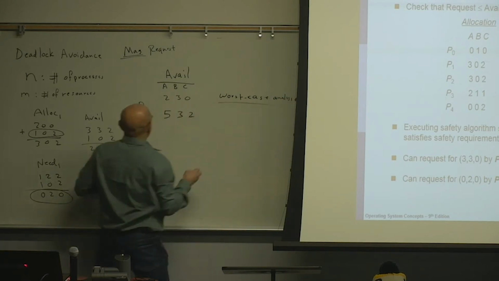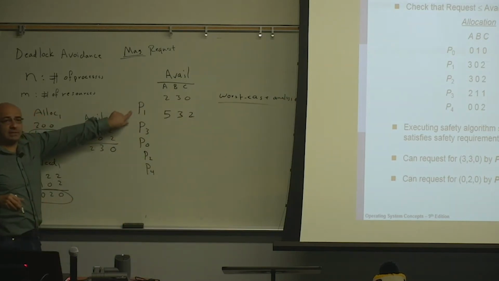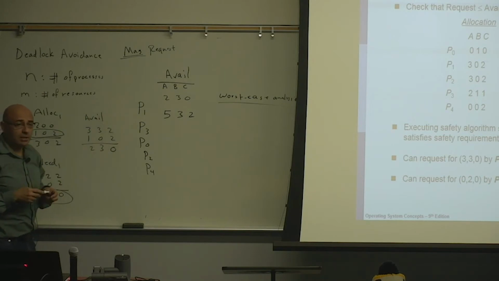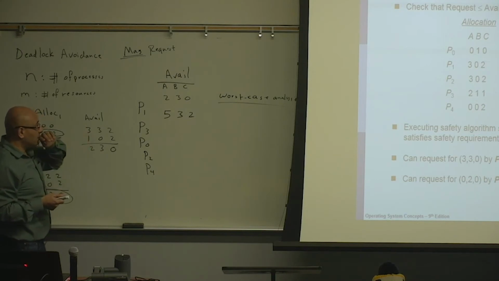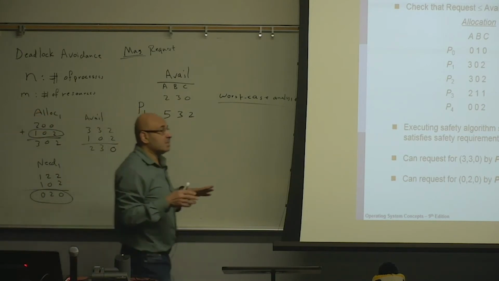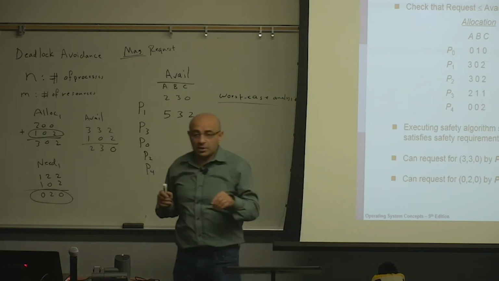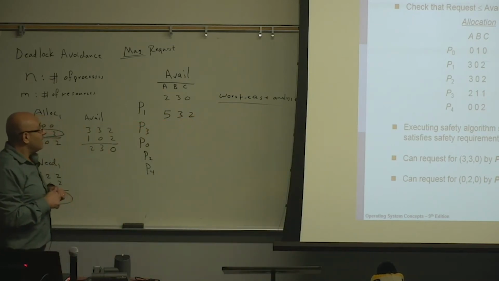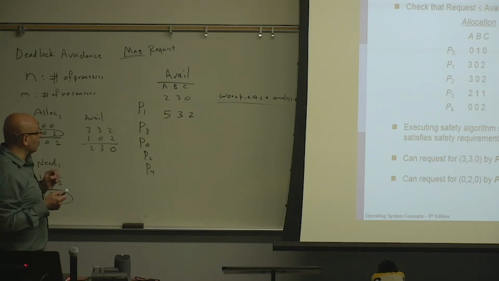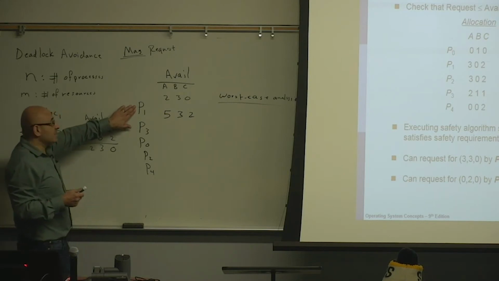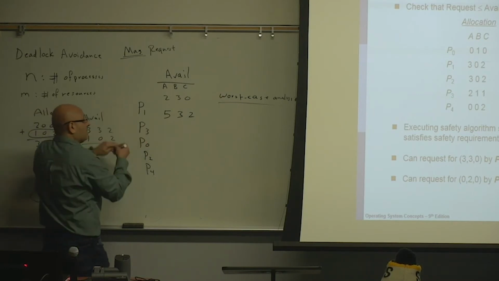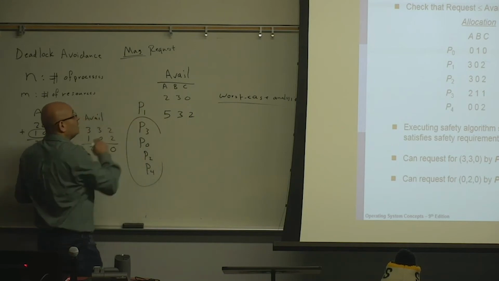So we're not saying that P1 must go first, then P3. We are saying that in the worst case, there will be an ordering in which there is no circular dependence. In the worst case, P1 can go because it doesn't have to wait for anyone. Eventually it will release what it has.